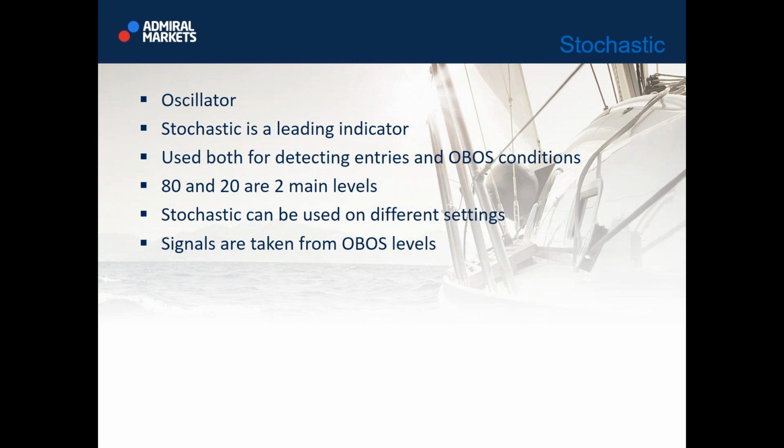80 and 20 are two main levels. Stochastics can be used on different settings. And definitely signals are taken from overbought and oversold levels. So when you trade with stochastic and MACD, you want everything to be aligned: MACD, multiple time frame concept, and stochastics from overbought, oversold levels.